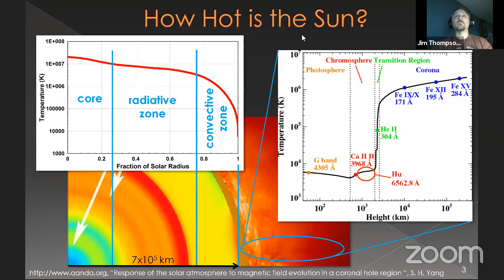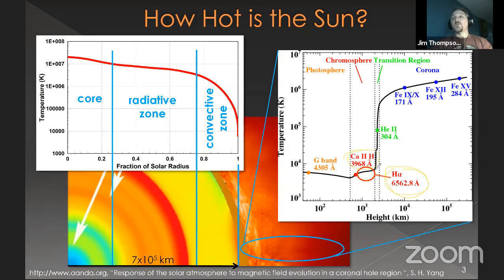So we were looking at calcium-2, and we're looking at hydrogen alpha. So we're seeing essentially that area of the sun's atmosphere because the temperature of that material happens to excite calcium or hydrogen in a way that we're able to see it.